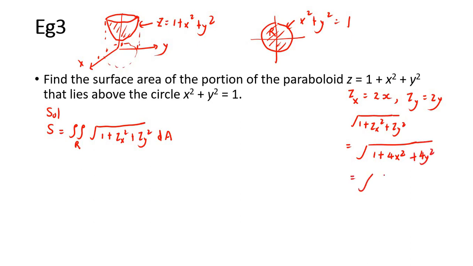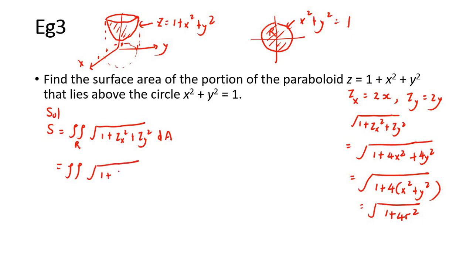Which is 1 plus 4 times x squared plus y squared, which is 1 plus 4r squared. This will be 1 plus 4r squared, and dA is r dr d theta.